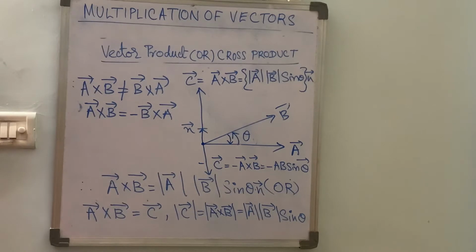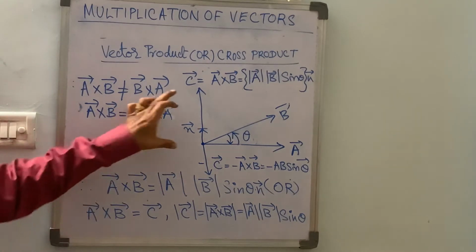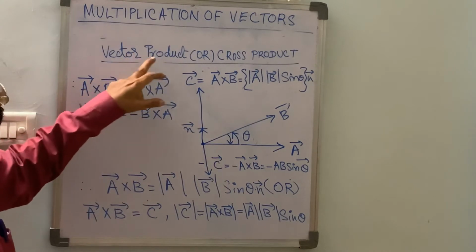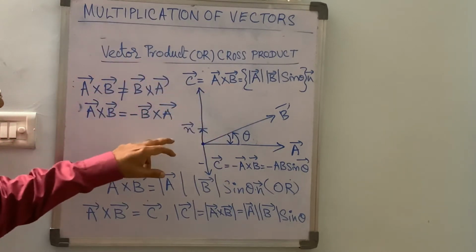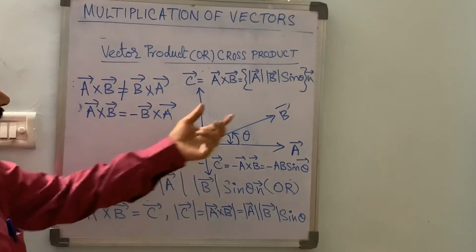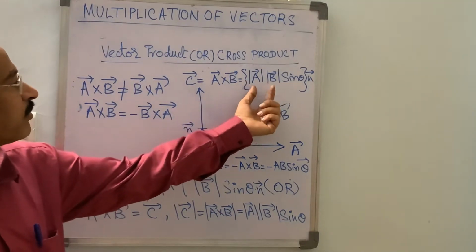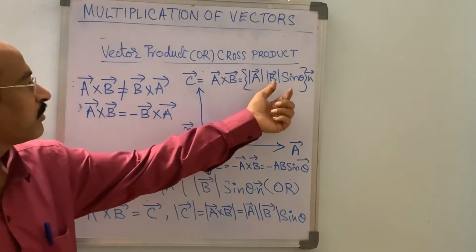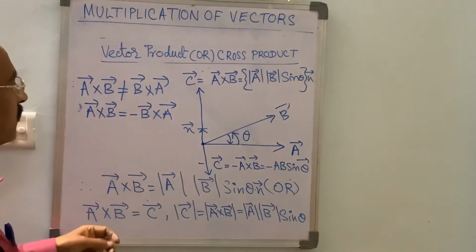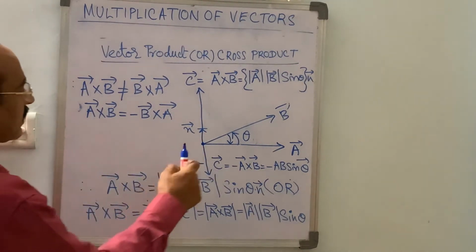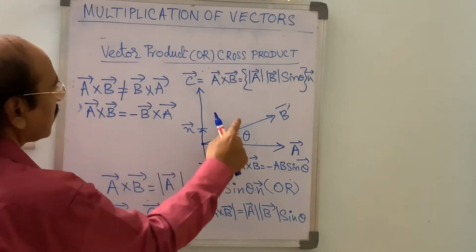Now, as the vector c bar is the resultant of the two vectors a bar cross b bar, and as it is a vector, it has magnitude and direction. Magnitude is given by the magnitude of a bar into the magnitude of b bar into sin theta, whereas its direction is acting in the plane perpendicular to both a bar and b bar.